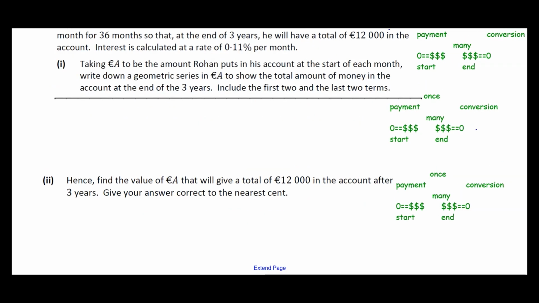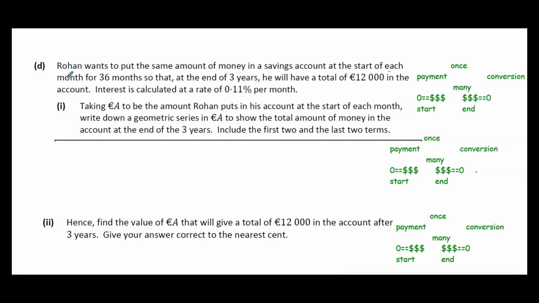Then the next situation in our exam. So here Ronan wants to put some money, the same amount of money, in a savings account at the start of each month for 36 months, so that at the end of 3 years, he will have a total of 12,000. So again, first thing, is it payment? Is it conversion?